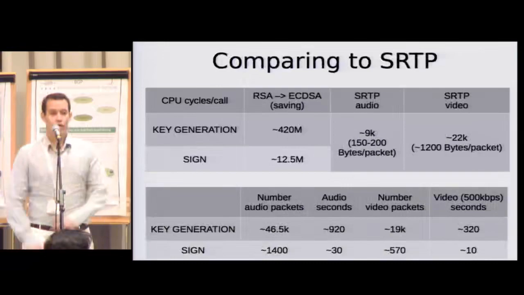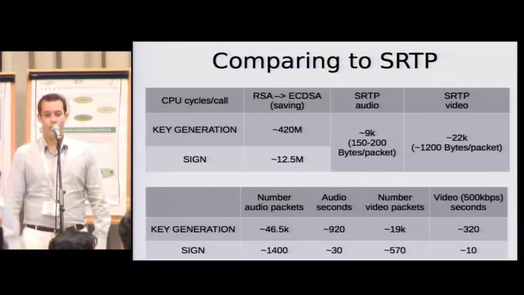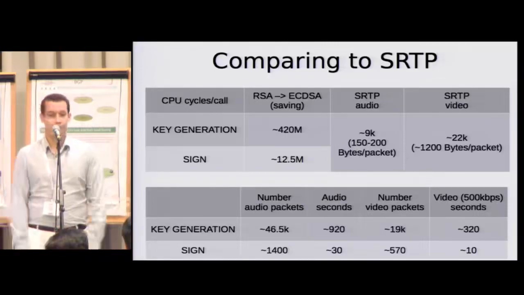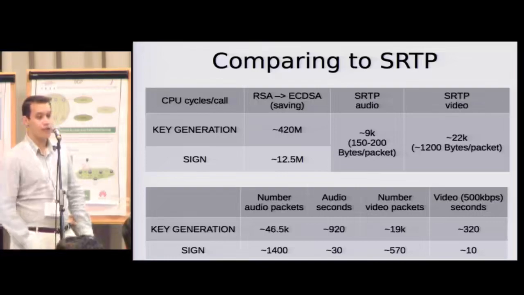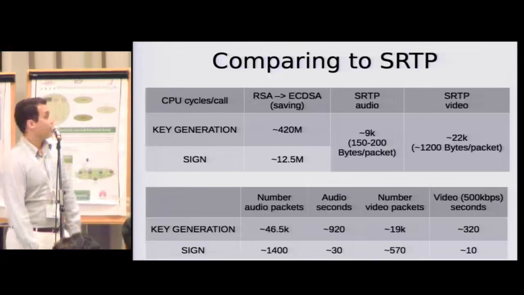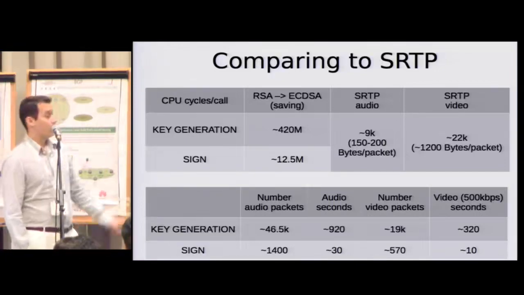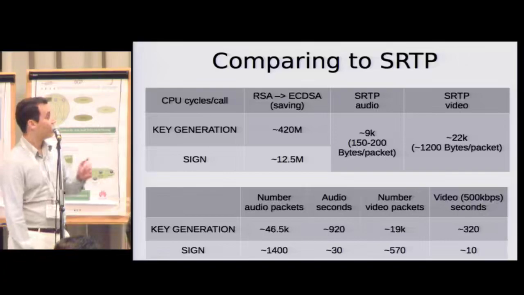And we also wanted to compare this improvement with the rest of the WebRTC stack. For that, we compare the saved cycles in the DTLS handshake with the cycles needed to encrypt the RTP packets. In this table, you can see that to encrypt an audio packet, we need 9,000 cycles, and for video, 22,000 cycles.